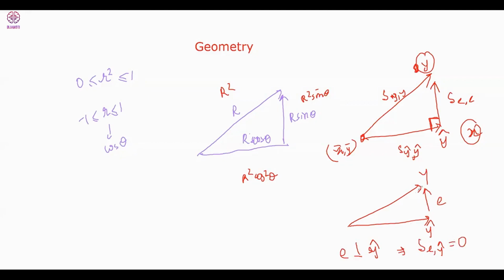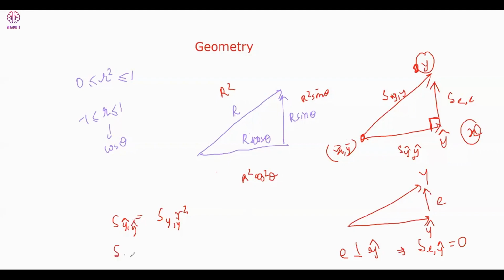This is a basic, beautiful idea: S of y hat will be the projection of S of y, and we have said that r is cos, so it will be r square times S of y. That's the basic idea.